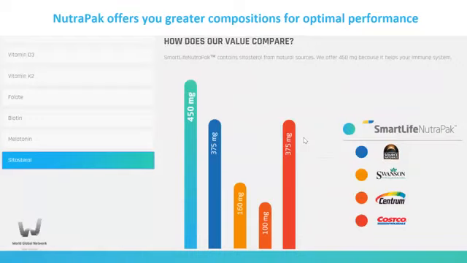I've already explained, when I'm talking about biodata, you know that this is your genetic testing plus your vital signs. Your vital signs are measured through the Halo device. So these are the inputs. Then you get the oracle, and after that, with the oracle, you can get the Smart Life NutraPak.